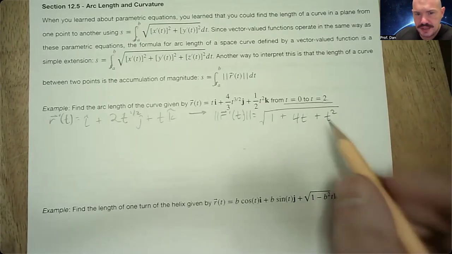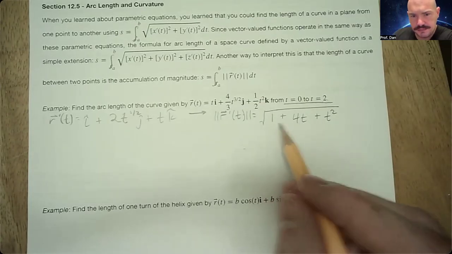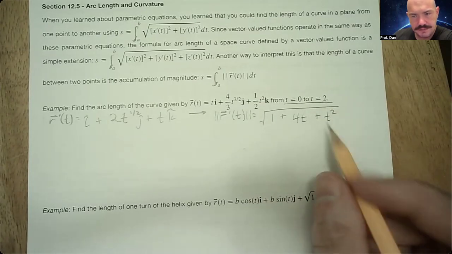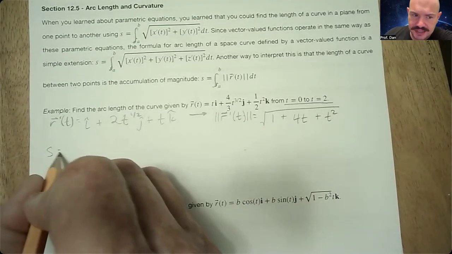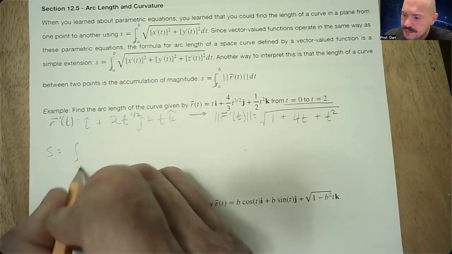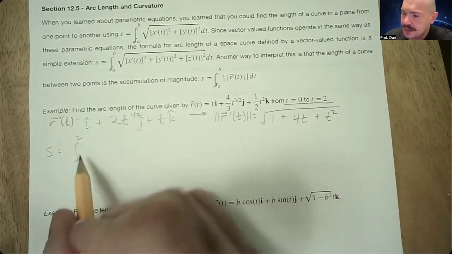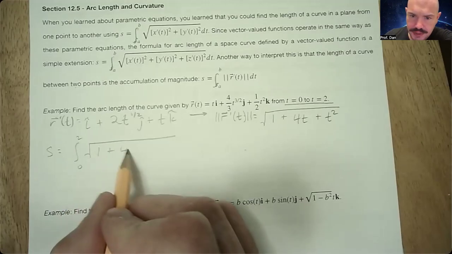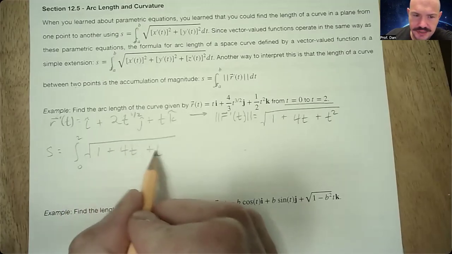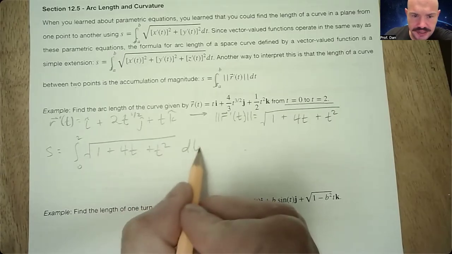So this is our magnitude. Right, so to find the arc length s, I would need to take the integral from 0 to 2 of the square root of 1 plus 4t plus t squared with respect to t.